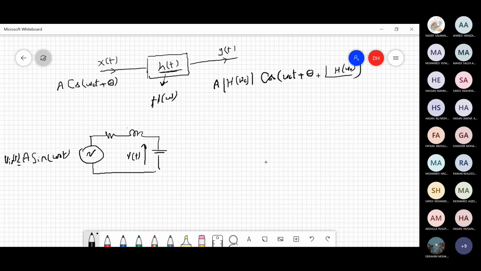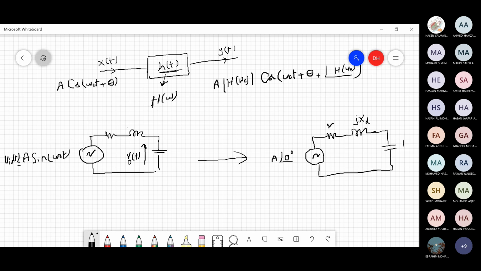So how to find V out? We change this to a phasor circuit. So then we have here A angle 0, and we change this one to phasor, which is equal to only R, while this one is equal to jXL. Okay, and here it is equal to 1 over jXC.